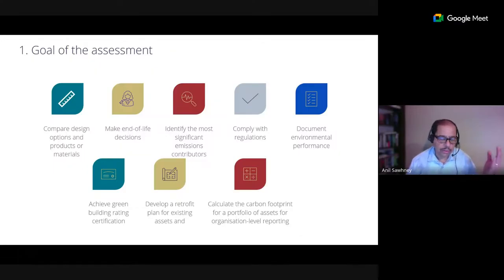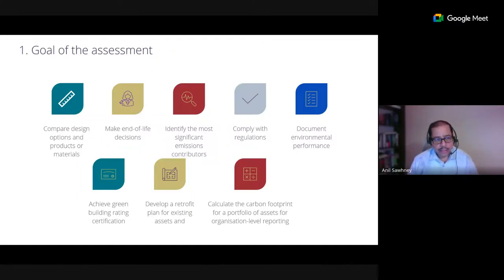As you just saw, New York Local Law 97, you need to do WLCA. Greater London Authority, GLA, if you want to do a new build, you want to get a planning application approved, you have to submit a WLCA.